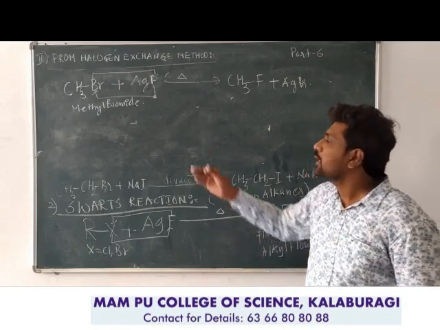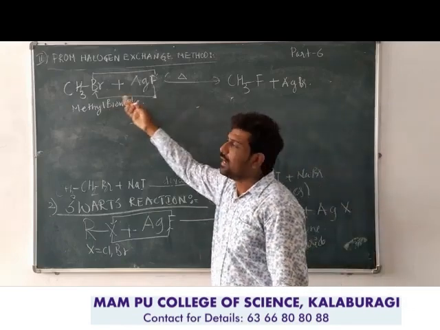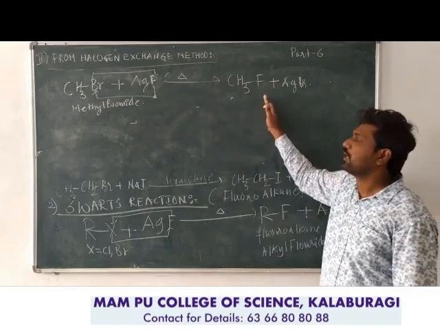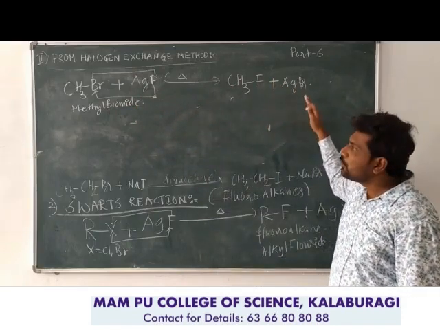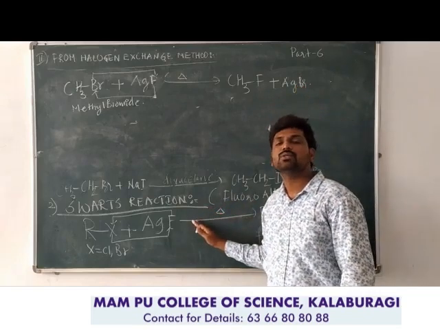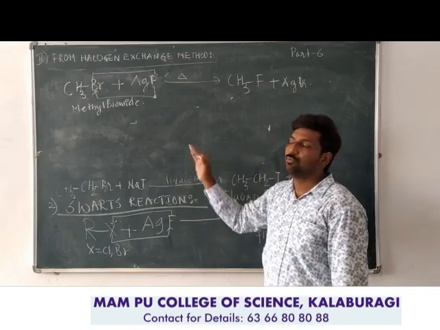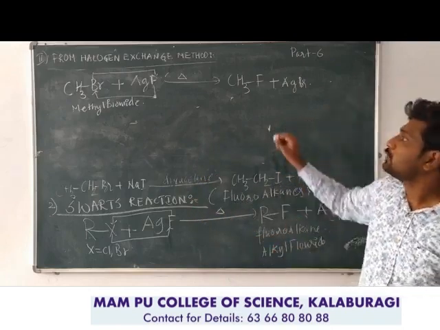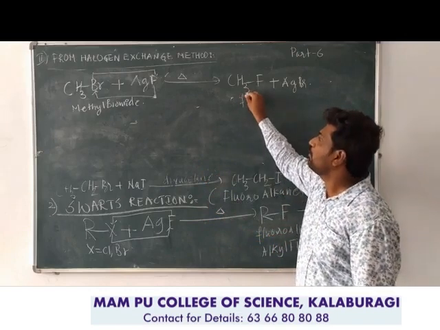So by looking at the alkyl bromide, silver fluoride and the halogen exchange product, that is fluoroalkane, you have to understand that this reaction is the Swarts reaction.